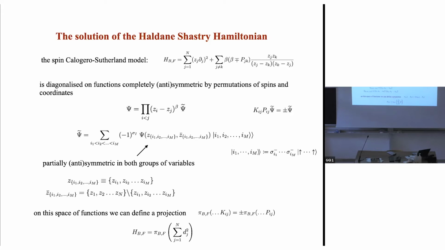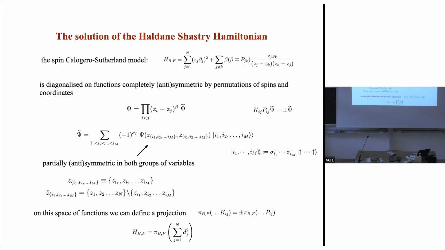I would like to say something about the space of wave functions we are considering. It's convenient to take away a trivial prefactor in the wave function, which will remove this beta squared term here, and then we keep the transformed wave function, which we can impose to be symmetric or anti-symmetric with respect to simultaneous permutations of spins and coordinates.